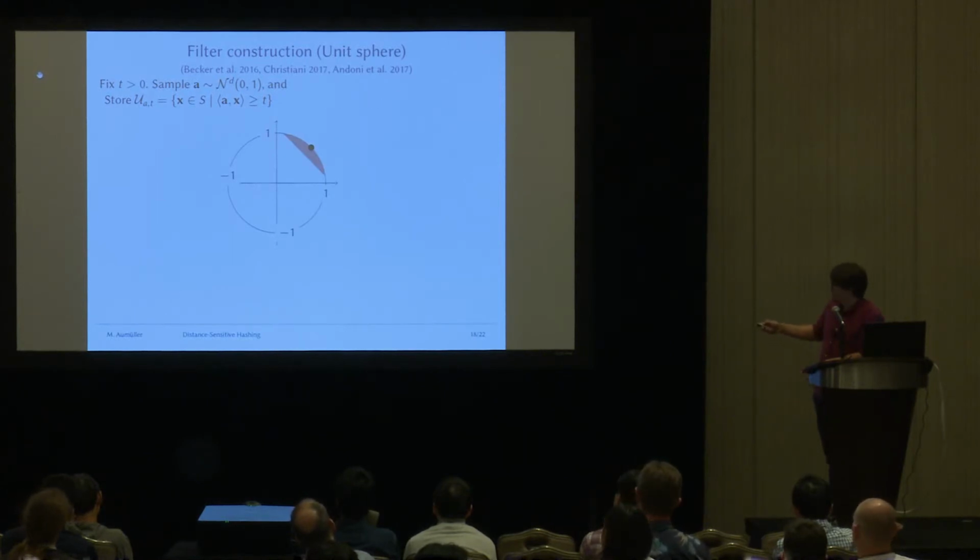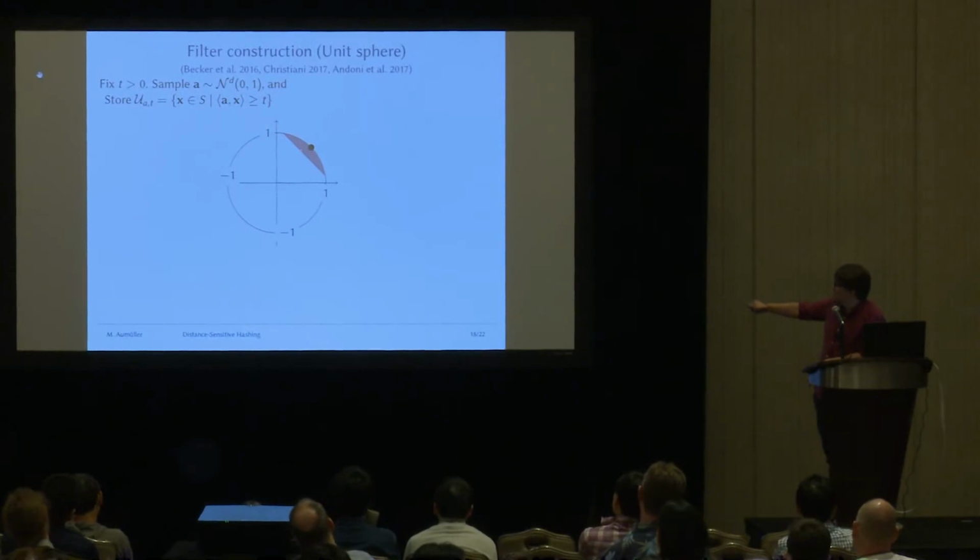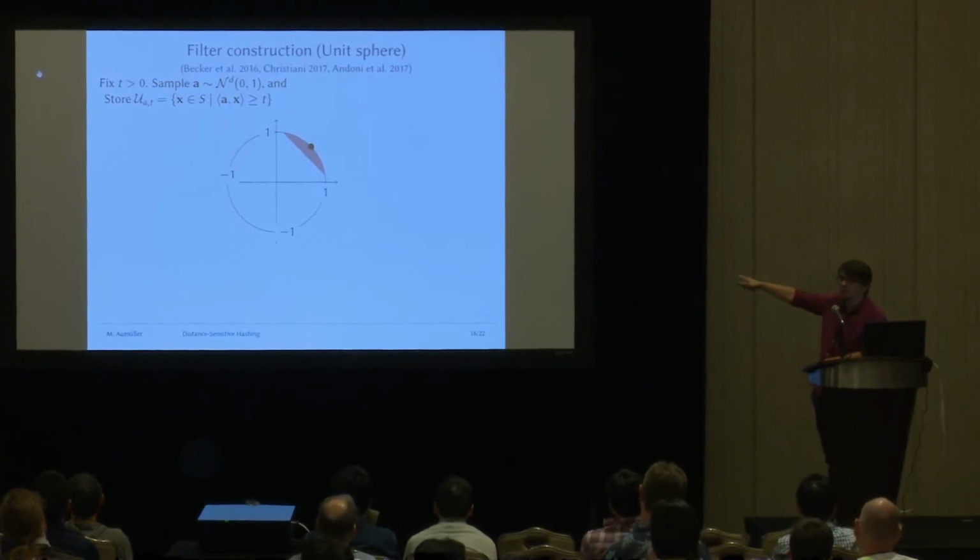Geometrically, this standard normal points in a random direction on the unit circle, and this being at least t means there is a certain threshold here. So it defines this kind of spherical cap over here. All the points that are on the surface of this cap are in the filter.